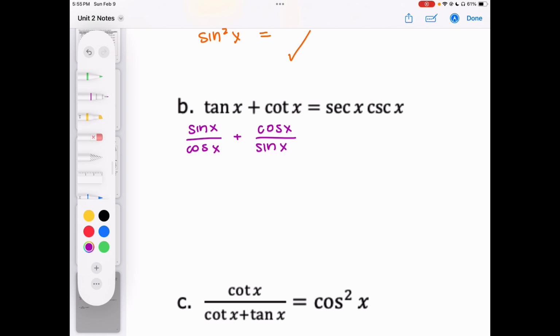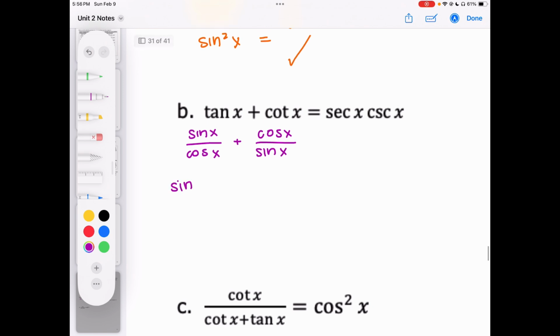Now I'm thinking I probably need some common denominators. So the left is going to get multiplied by sine, and the right is going to be multiplied by cosine.